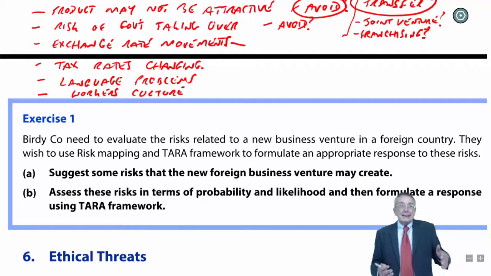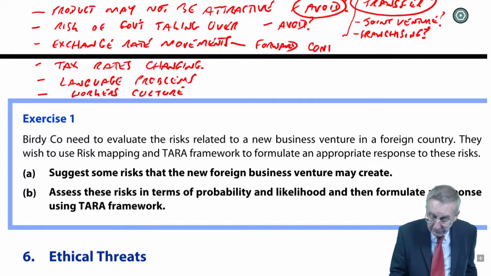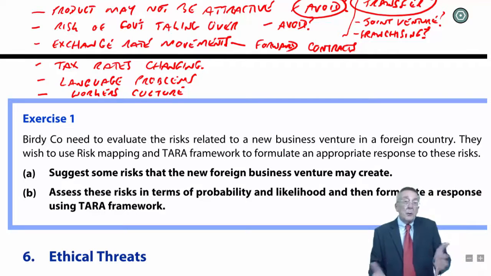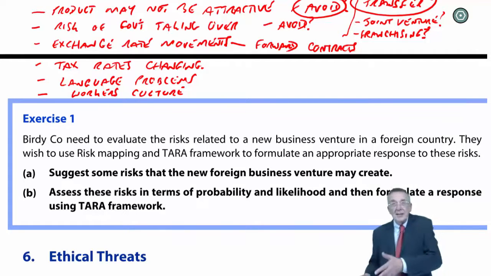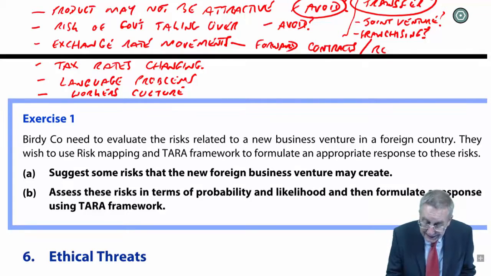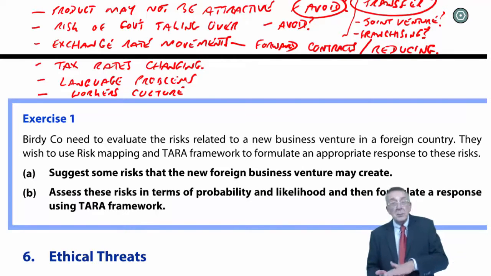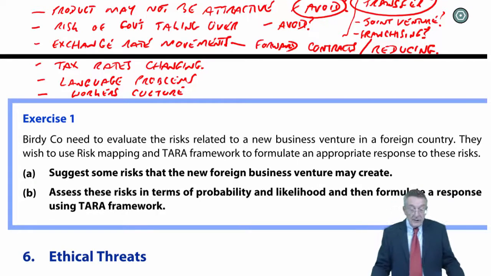And there are various ways on foreign currency markets, so things called futures and forward contracts, which I'm not going to go into in detail here. A forward contract is you fix a rate today that applies in the future. That would be a way of reducing the risk. To an extent, you may be able to remove it completely. But certainly, there are ways of reducing foreign exchange risk.